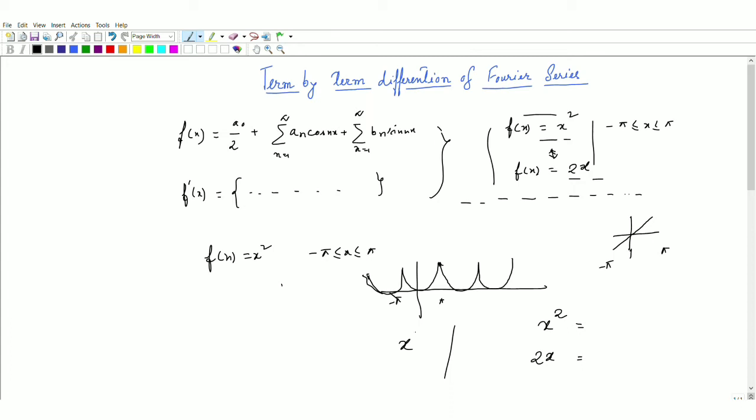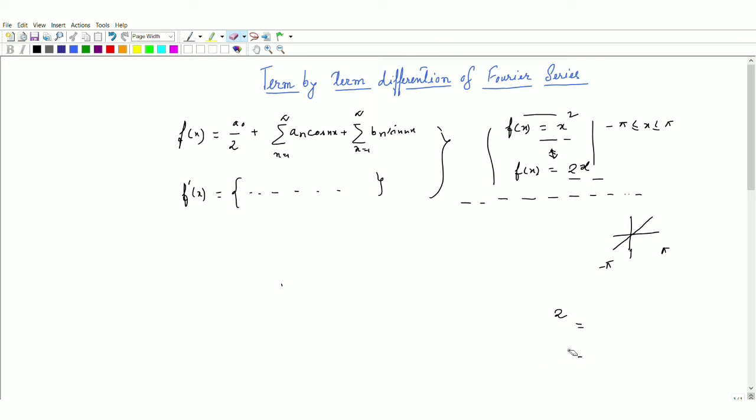Okay, so now the point is that functions which are continuous after periodic extension, those functions can be done term by term differentiation. So we can write the definition like this. This thing I can show you, how we can obtain the Fourier series of 2x from this.